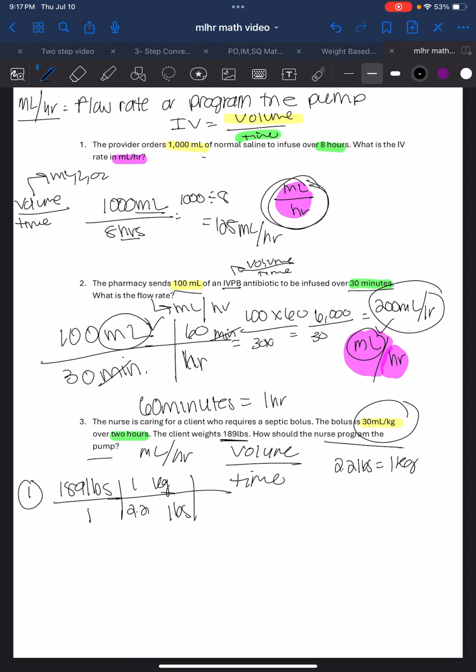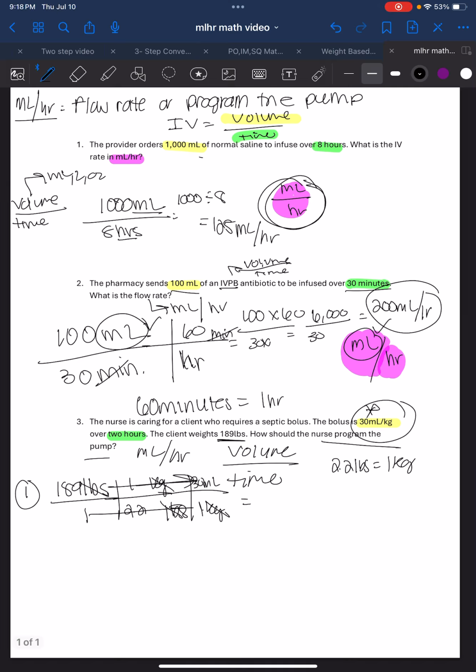Kilograms is on top, so we put 1 kilogram on the bottom and 30 mLs on top. When we multiply across, we figure out how much volume we have. This turns into 189 times 1 times 30 over 1 times 2.2 times 1.